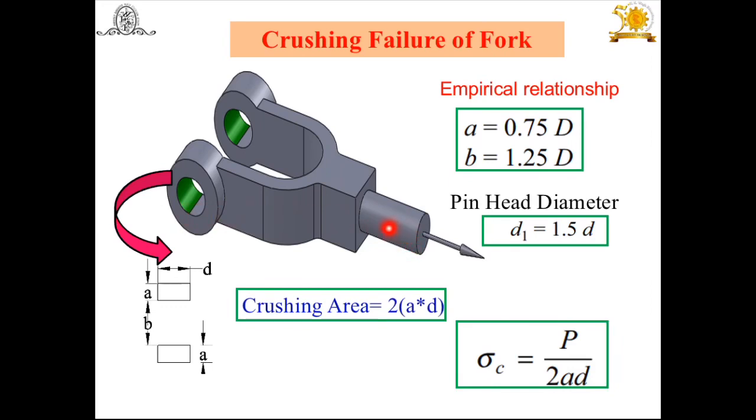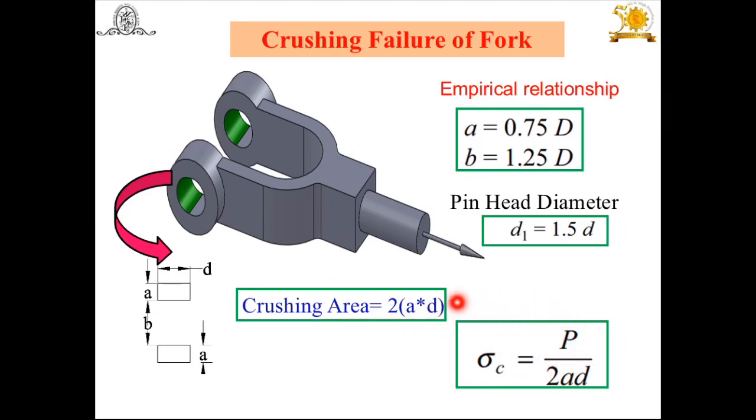How to find this projected area? Here a is the thickness of the top eye of the fork, and a is the thickness of the bottom side eye of the fork. Therefore a into small d is the area of one eye of the fork. Therefore for two eyes, 2 times a into d. The crushing stress sigma is equal to P upon 2 times a into d.